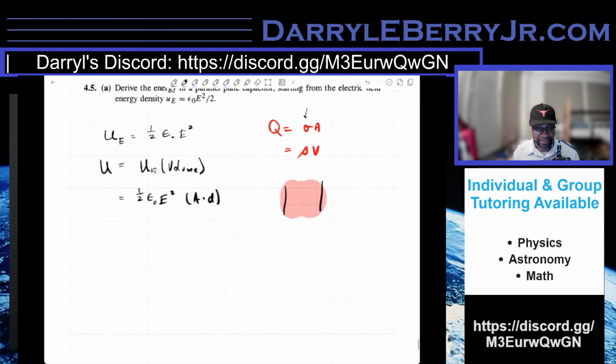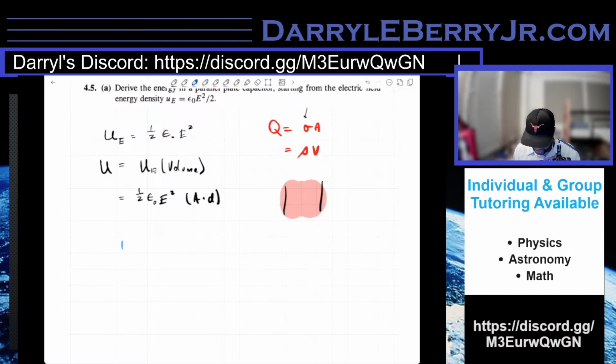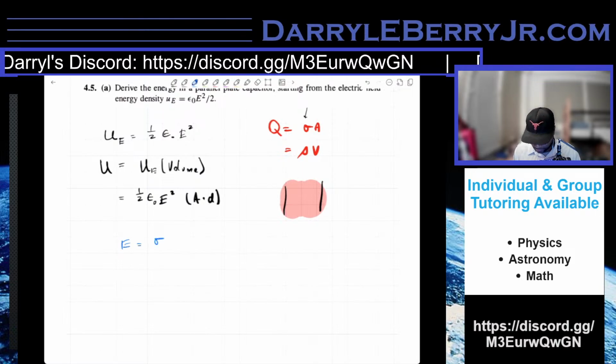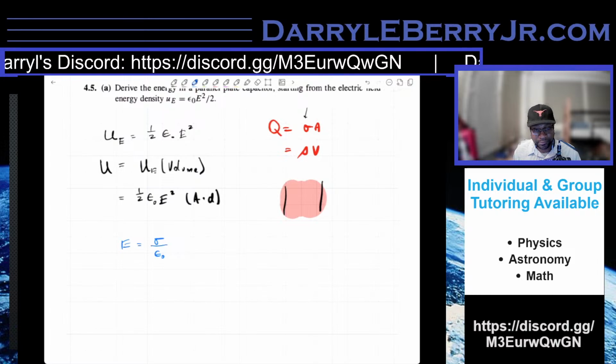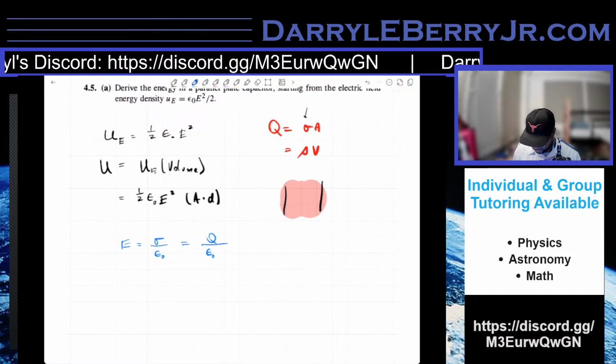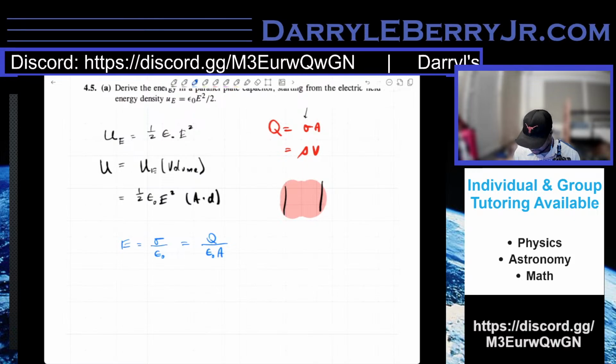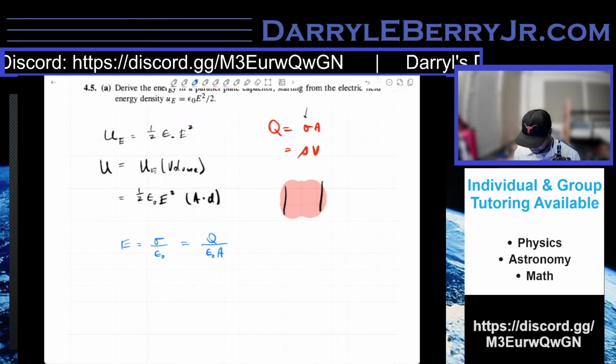So it looks like what I did from here, I remember that E equals sigma over epsilon naught, which equals Q over A epsilon naught.